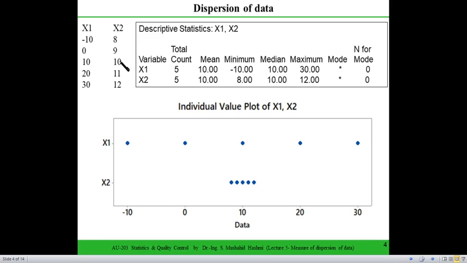Here the mean is the same and the median is the same, and other values are very close to 10. But if you look at data x, its mean is also 10 and its median is also 10, but it has a much wider spread.